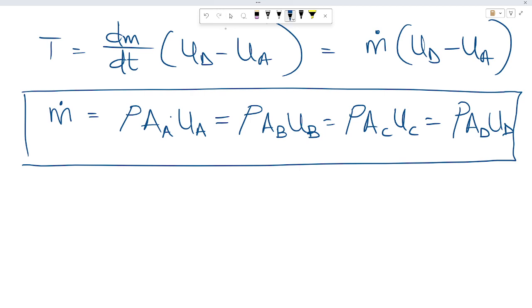And don't let us forget that again, AB equals AC, which equals pi r squared.